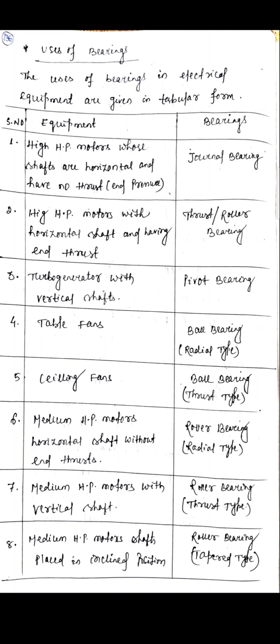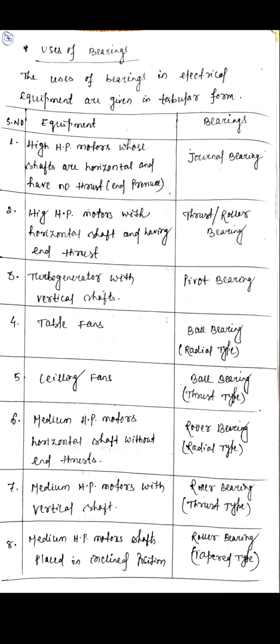Next, if the equipment is a turbo generator with a vertical shaft, then the bearing is the pivot bearing. Similarly, for table fans, you use a radial type ball bearing, and for a ceiling fan, a simple ball bearing of thrust type.